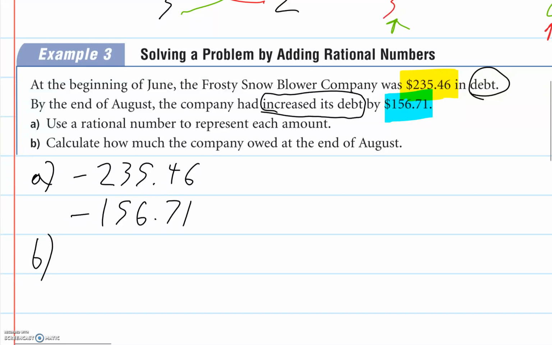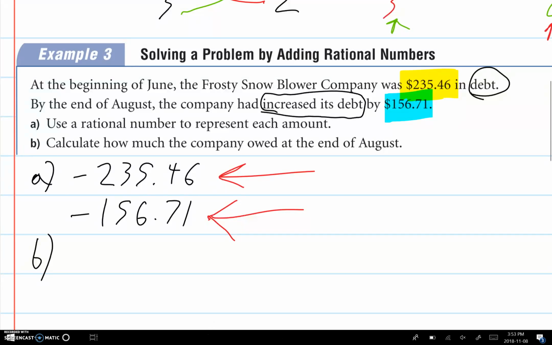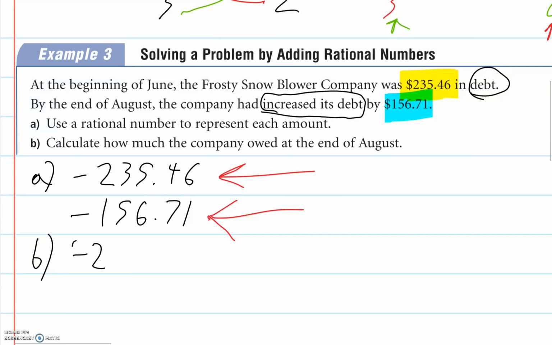Calculate how much the company owed at the end of August. It originally had this amount, 235 and so on, and then they added more debt, 156 and so on. What we need to do is write down the numbers, 235.46, and add the debt.